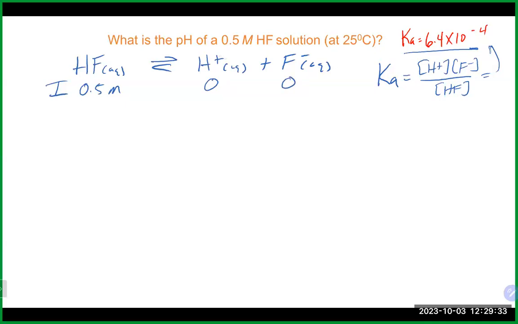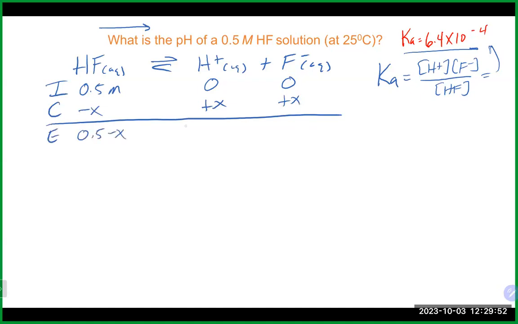Since we have zeros on our product side, it's pretty safe to assume it is going to head in that direction, which tells us our minuses should be on the left and our pluses on the right. So this is going to be minus x, plus x, plus x, which means when we get to equilibrium, we will have 0.5 minus x, x, and x. Any questions on the ICE table here?